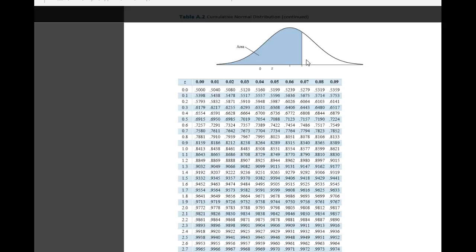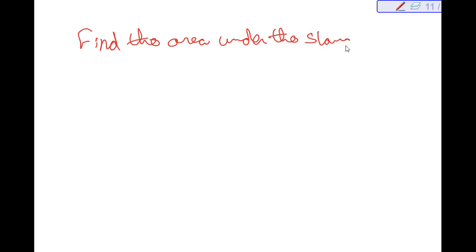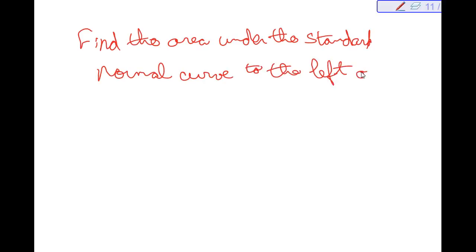Okay, so let's look at another possibility, and that is we want to find the area under the standard normal curve to the left of z equaling negative 2.16.